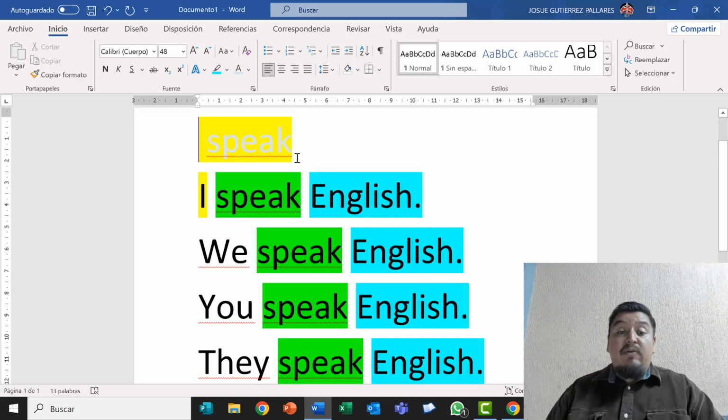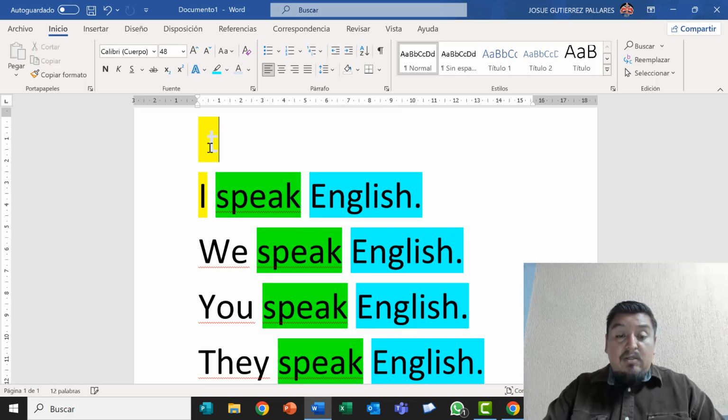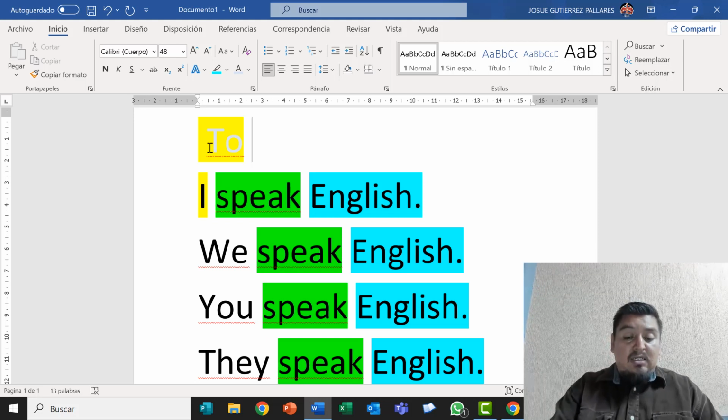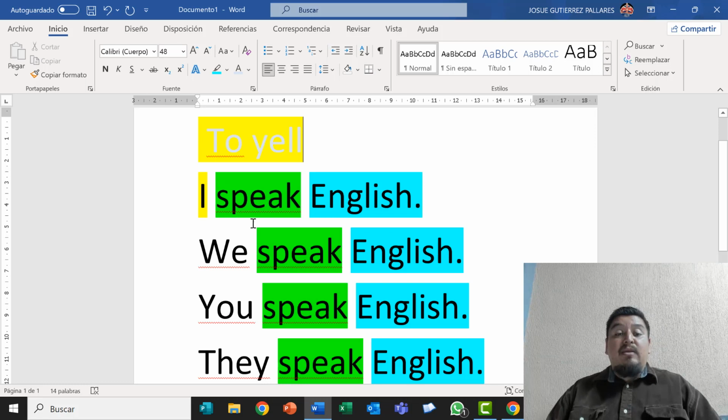Very simple. For example, if we change the verb to yell. Do you know the meaning of yell? Gritar, gritar de regaño, de molestia.